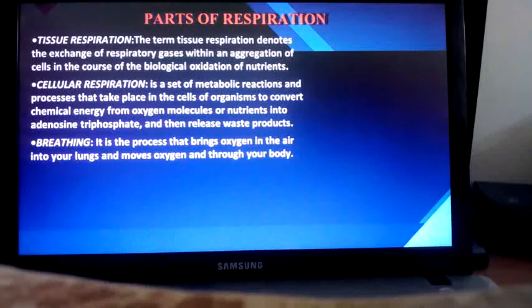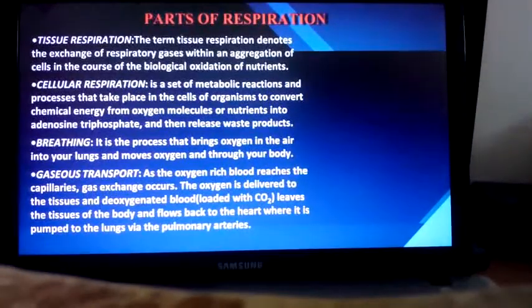Before tissue respiration and cellular respiration take place, there is another process going on in our body, that is breathing. It is the process that brings oxygen in the air into our lungs and moves oxygen through our body. Got it? What is happening in this process? In this process, gaseous transport takes place.